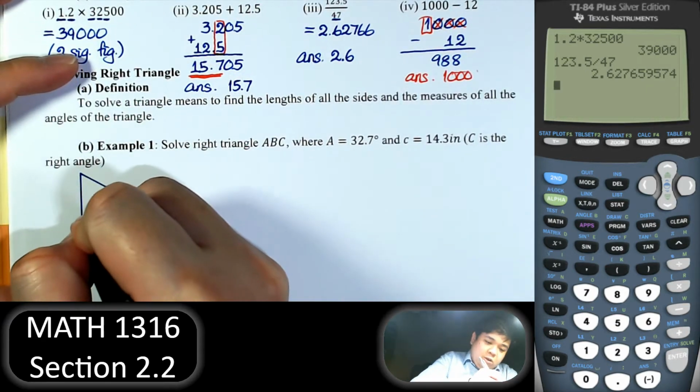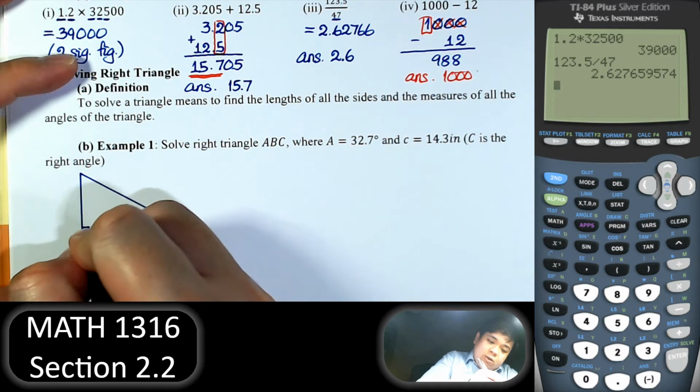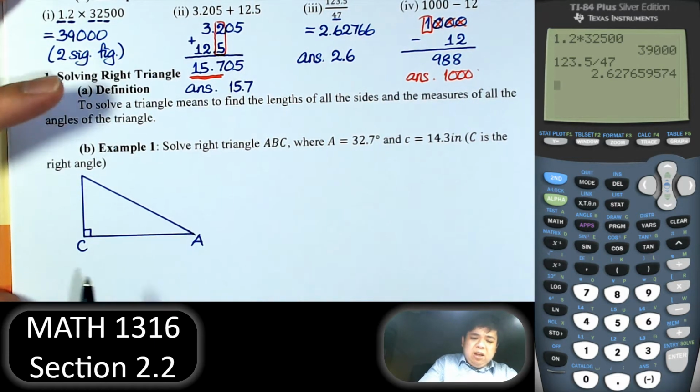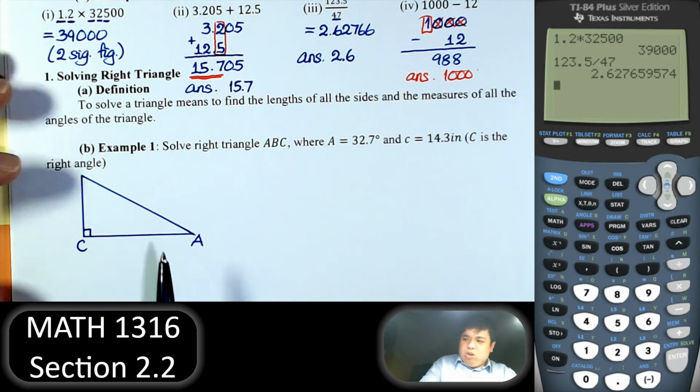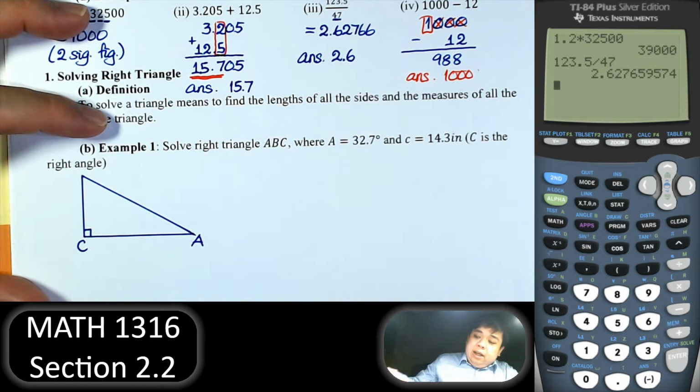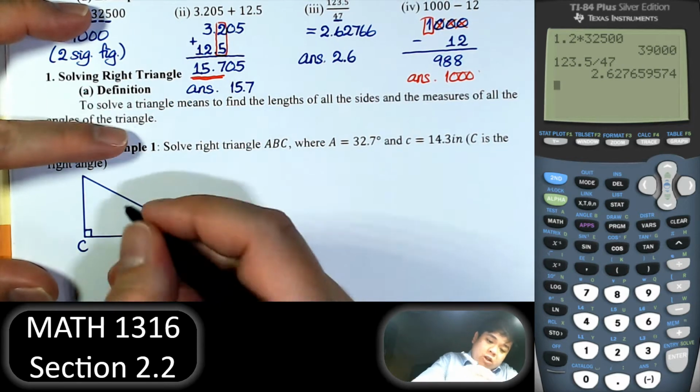There's the right triangle. C is the right angle, so there's C. Angle A doesn't have to be exactly 32.7. We just draw a right triangle so we get the idea of the relation between the sides. Angle A we know is 32.7.